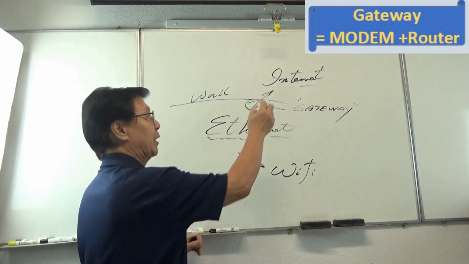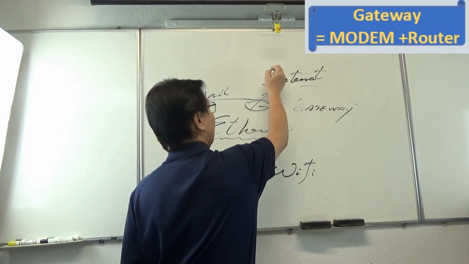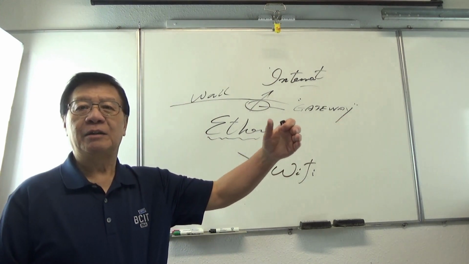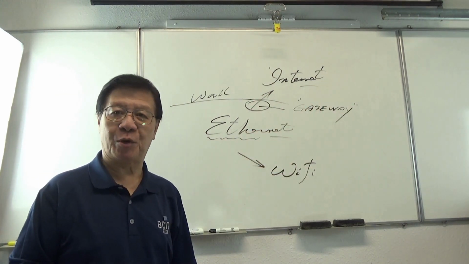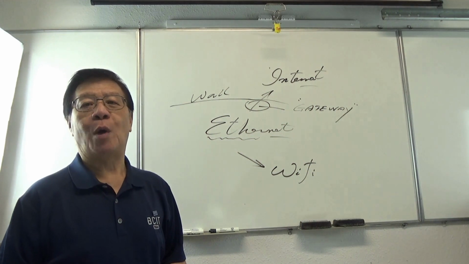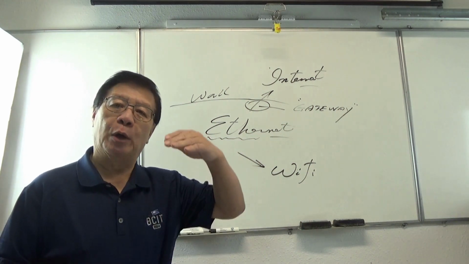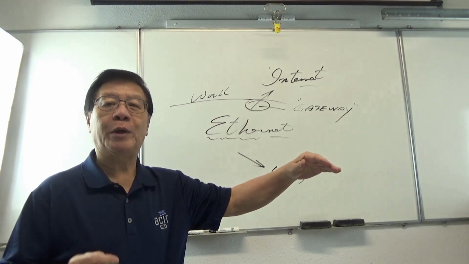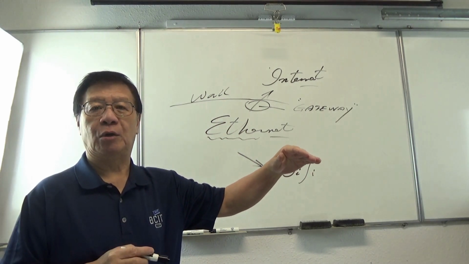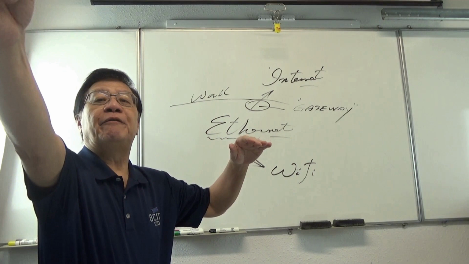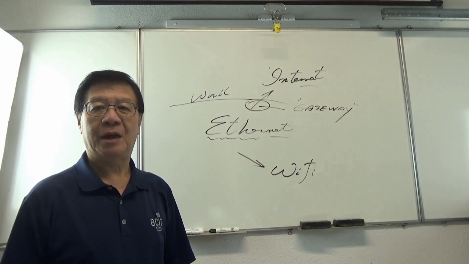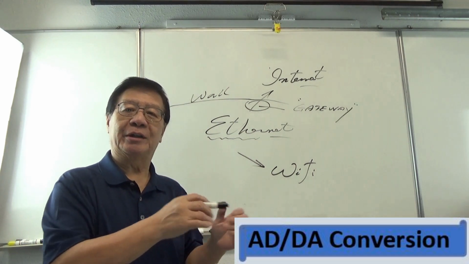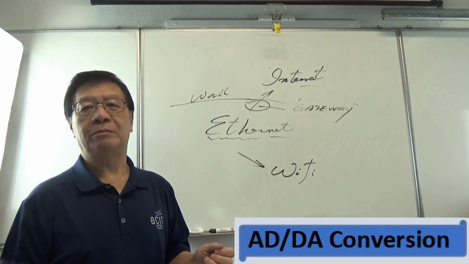From here to here, because the internet has to transfer over a very far distance, even with wire, the signal will be weakened. So we do need an analog signal to transfer data further. But after we get the signal, we have to convert the data into digital.